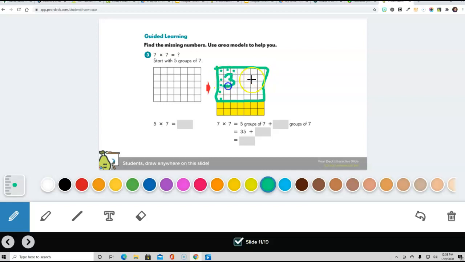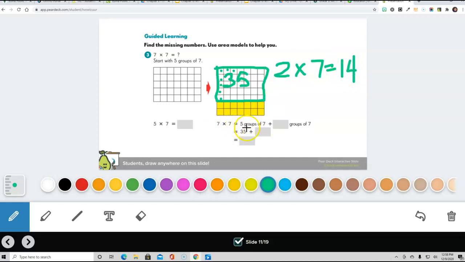We know this is 35, but I need 2 more rows of 7. So 2 more rows of 7 equals 14. 2, 4, 6, 8, 10, 12, 14.